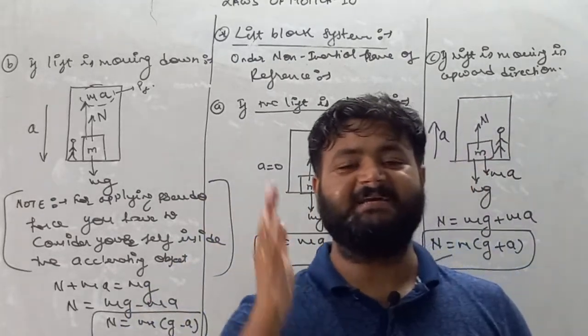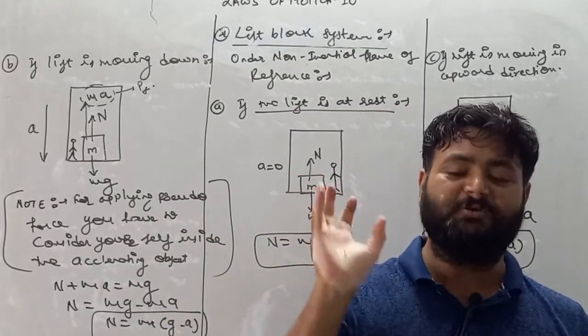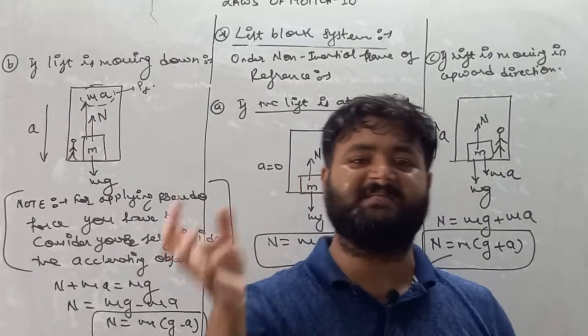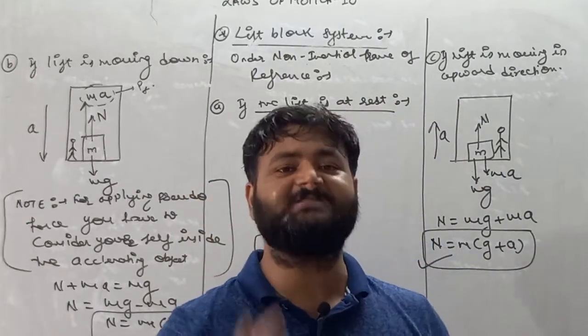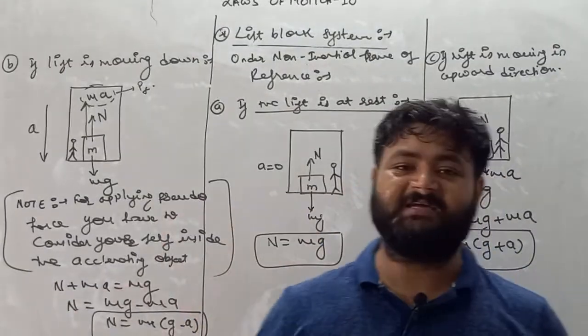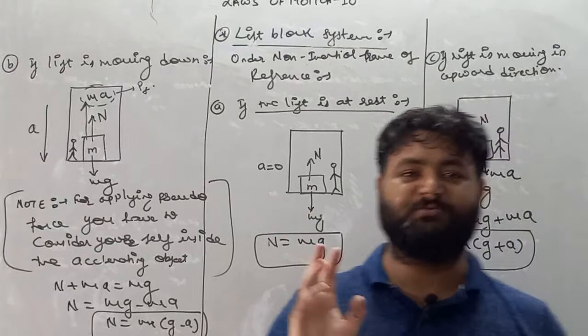So what we see is, if you are applying pseudo force, you have to consider yourself inside the accelerating system, and after applying pseudo force, the format of the question becomes easy. So try to apply pseudo force.